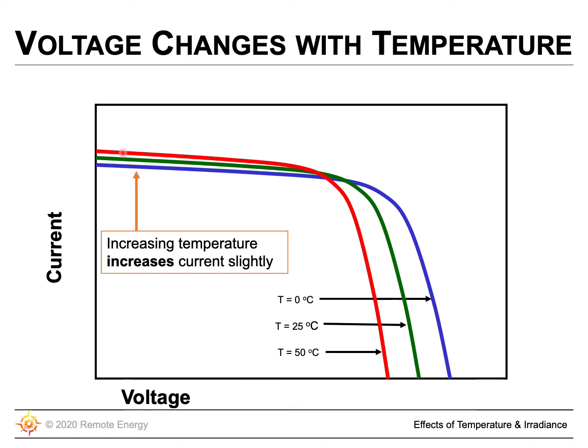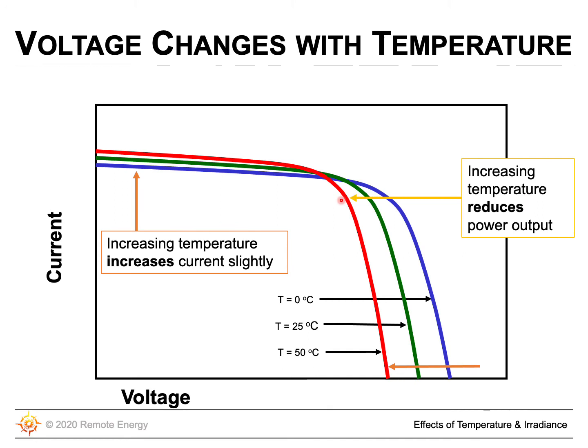So the biggest thing when we think about temperature, we think temperature affects voltage, and because volts times amps equals power or watts, then it's also going to affect our power. So increasing temperature not only reduces our voltage, but it's going to reduce our power. That's the big take home on that slide.